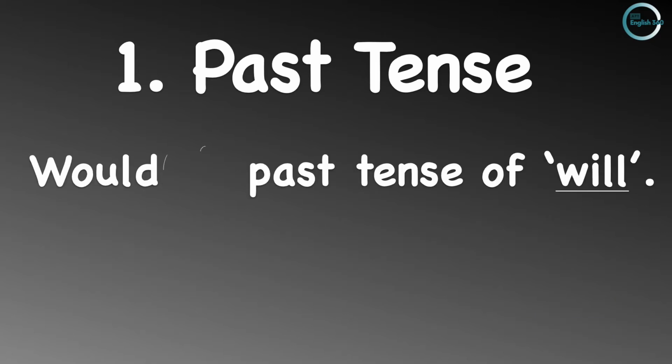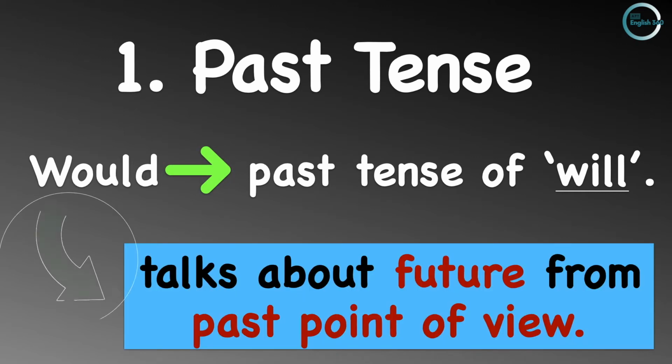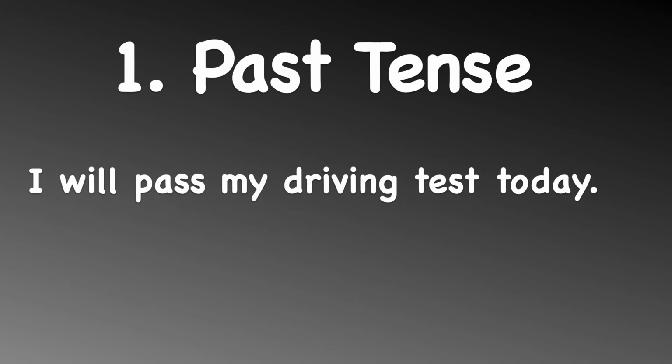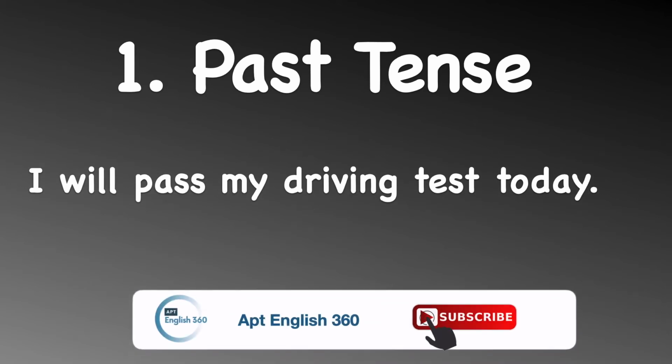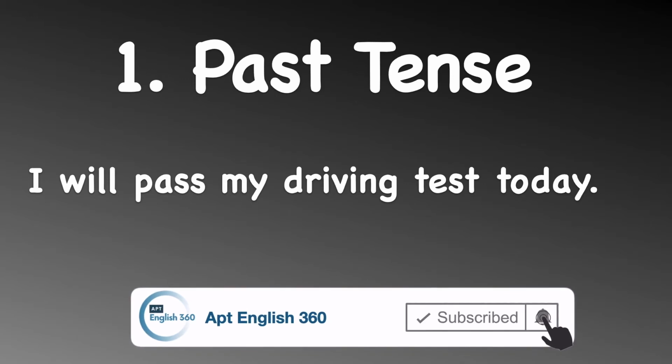Now let's look at would when used as a past tense. So would is the past tense of will, and would refers to a future situation, but from the past point of view. For example, I will pass my driving test today. So I have a driving test and I'm saying this probably to myself or to someone else.